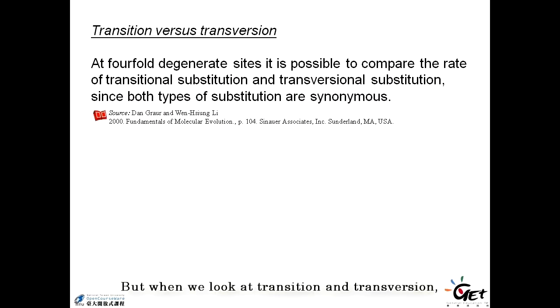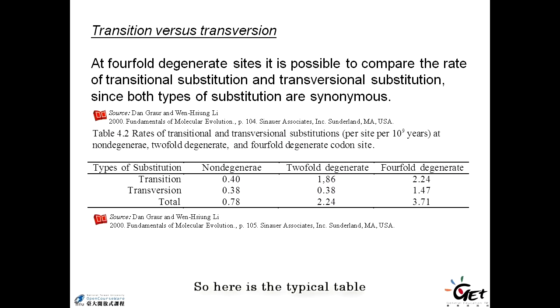But when we look at transition and transversion, now we can have some data here, or earlier data, to look at the transition, transversion, substitution rate. So here is the typical table.